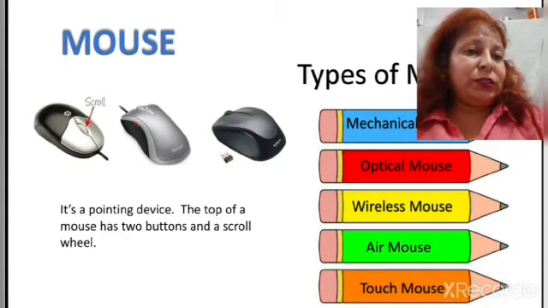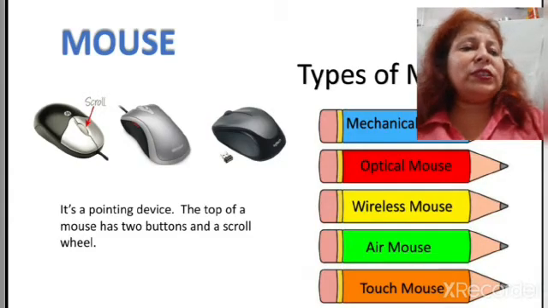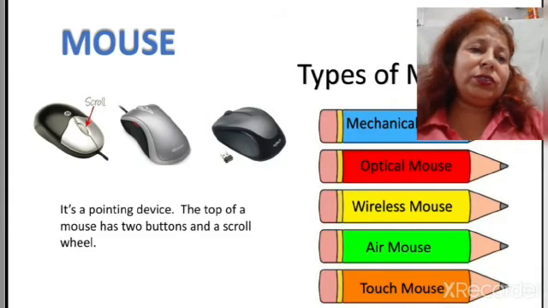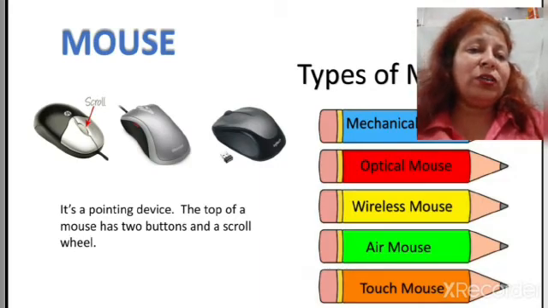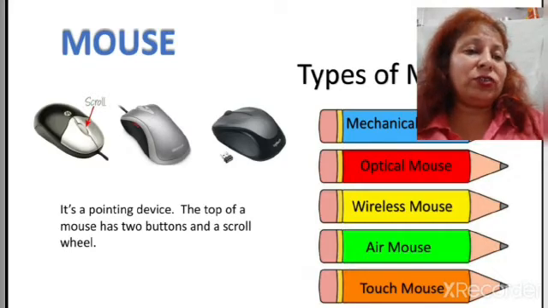Types of mouse. Mechanical mouse has a ball on the underside which rolls when you move the mouse, and it tracks the position with the rolling. Optical mouse works on laser technology. It tracks the position with the help of laser light.